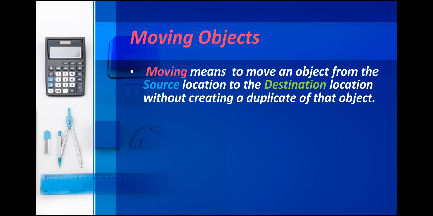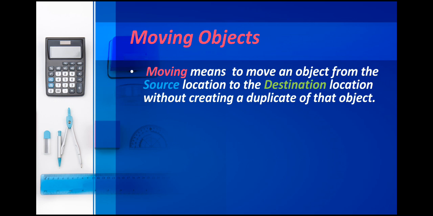Now when we select it and copy it or cut it, we will move to the other place where we want, and there we paste it. The pasting place is called the destination location. The other place where we are going to paste it is the destination location.